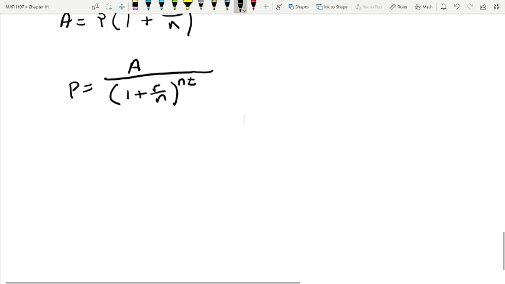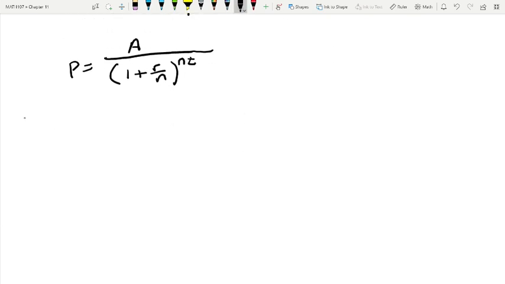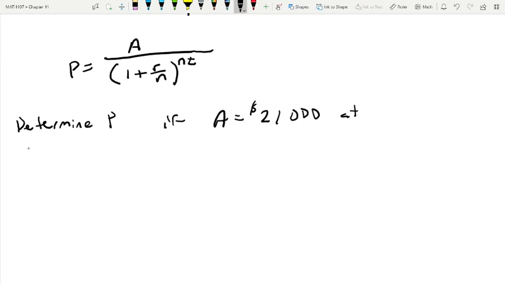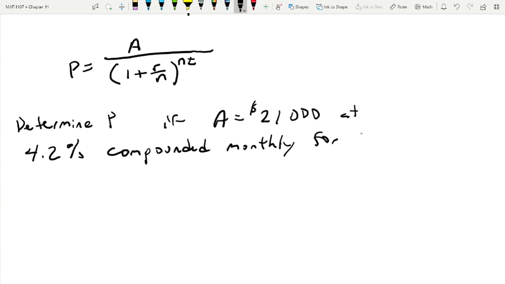So then, using this formula, given something like this, I want to determine P if A is equal to 21,000 at 4.2% interest, compounded monthly, for 3 years. So now how much was put into the deposit?